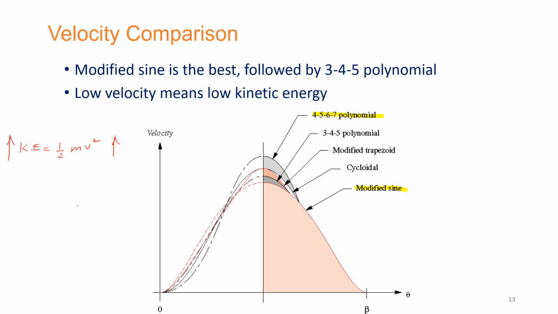This is also highlighted once again: obviously when you have a comparison, all the kinematic parameters of acceleration, jerk, velocity, and position are compared when you choose a particular profile.